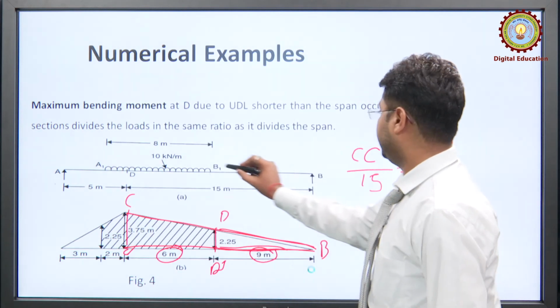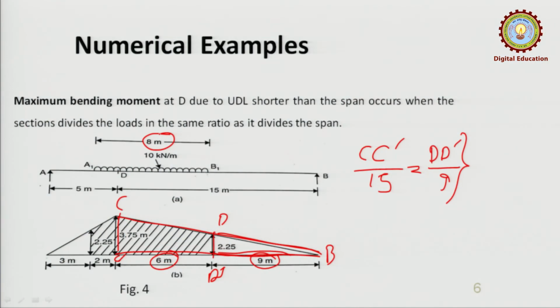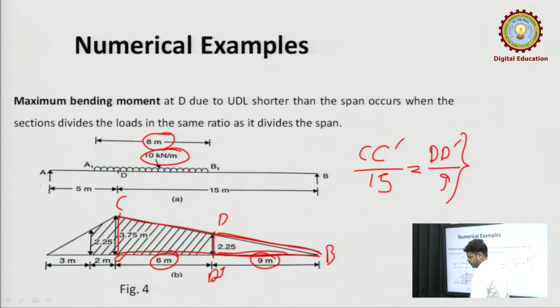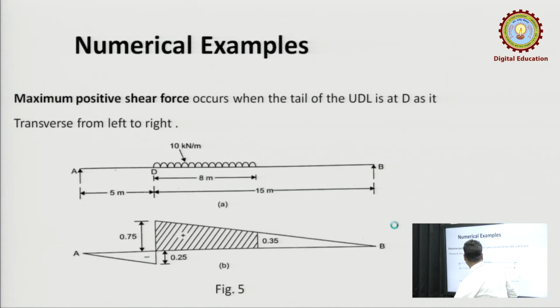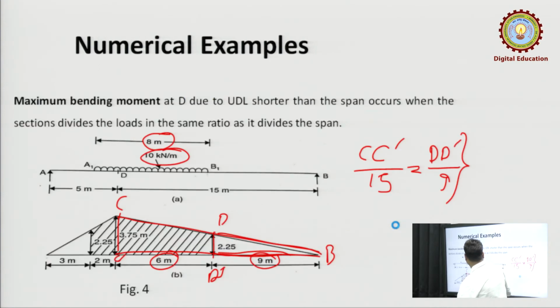We have an intensity of load of 10 kilonewton per meter, and the area of the ILD under the load. This was the load here, and this is your area.